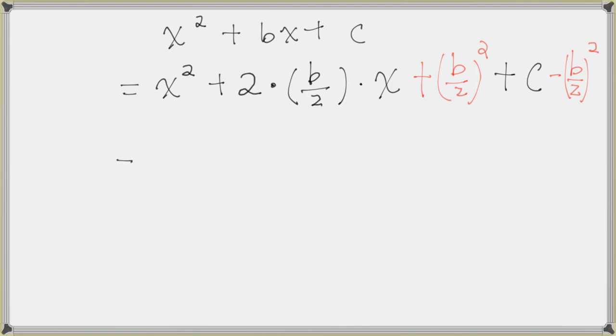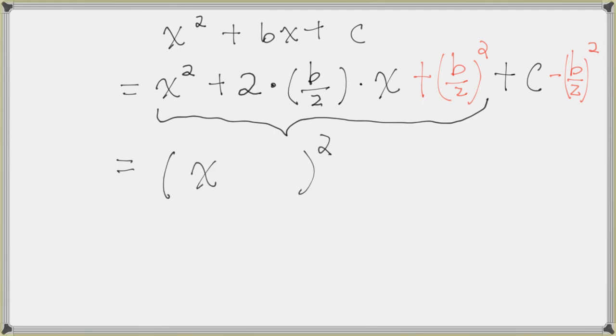Then we get this part, which is our complete square. It's the square of x plus b over 2. And this part, we just clean it up.